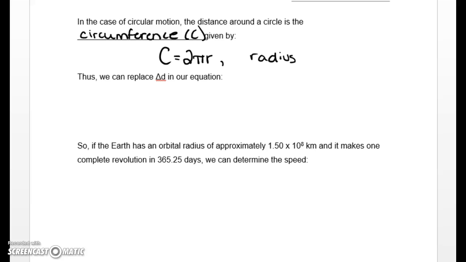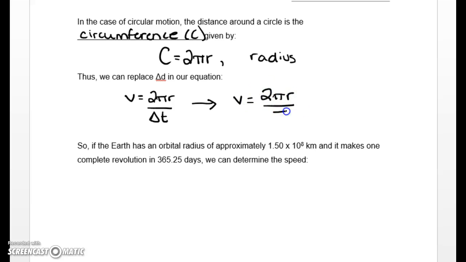So we can substitute this distance around the circle for our delta d in our equation. So we have speed is equal to 2 pi r, which is our distance traveled, over the change in time. Next, when we're talking about circular motion, we really only want the time taken for one cycle, so we're going to replace our delta t with our period variable.